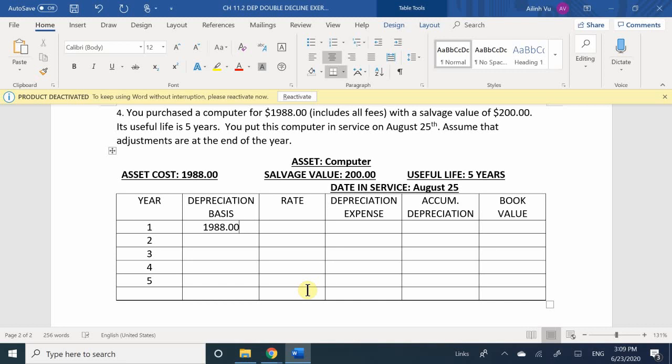Double declining. What is the formula for depreciation basis? Book value. Does it say that book value is equal to cost of asset minus salvage value? No, it does not. All it says is the beginning of the year's book value. And in this case, we know the formula for book value. What's the formula for book value?